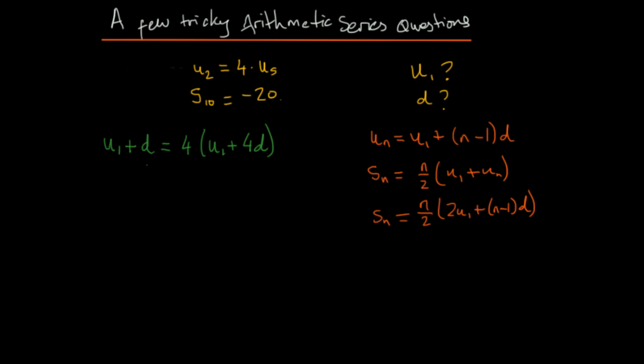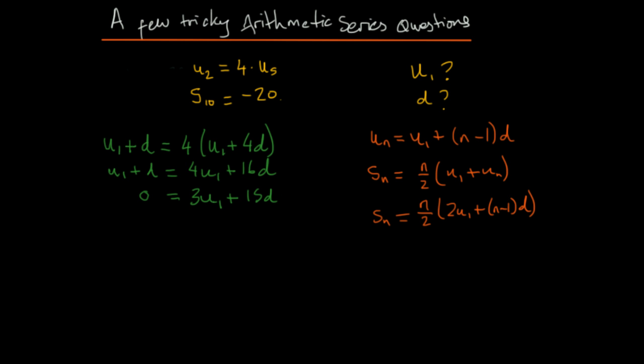So let me tidy up this first, and then we can look at another equation. u1 plus d is equal to 4u1 plus 16d. If I multiply that out, and let me put everything on the one side, we can say that 0 is equal to 4u1 minus u1 is 3u1, and 16d minus d is 15d.